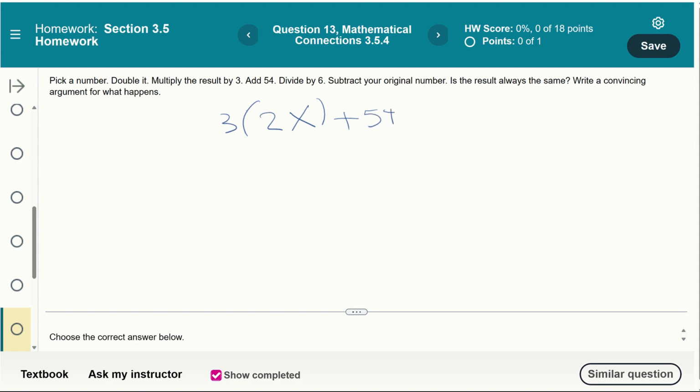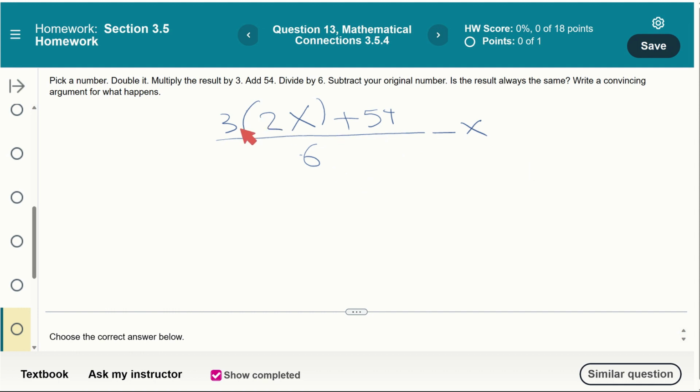And we're going to divide by 6. Finally, we're going to subtract the original number. And we want to know if the result is always going to be the same. Well, let's see if we can simplify this to get close to an answer.